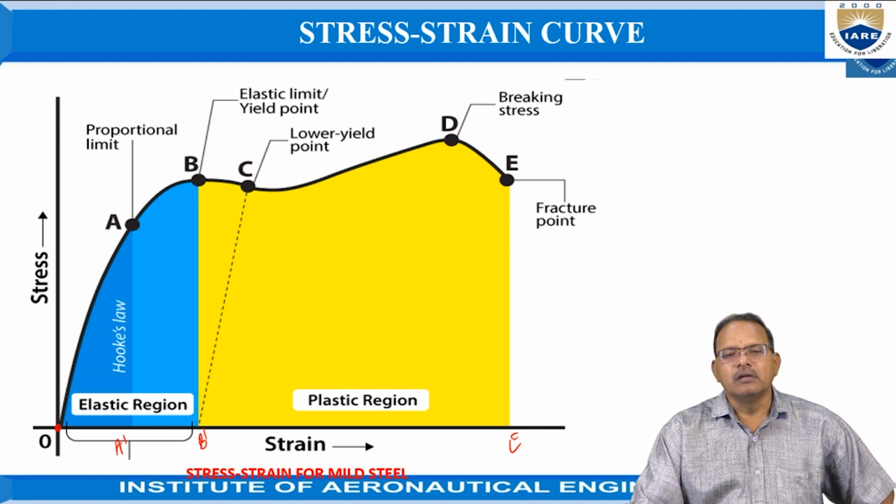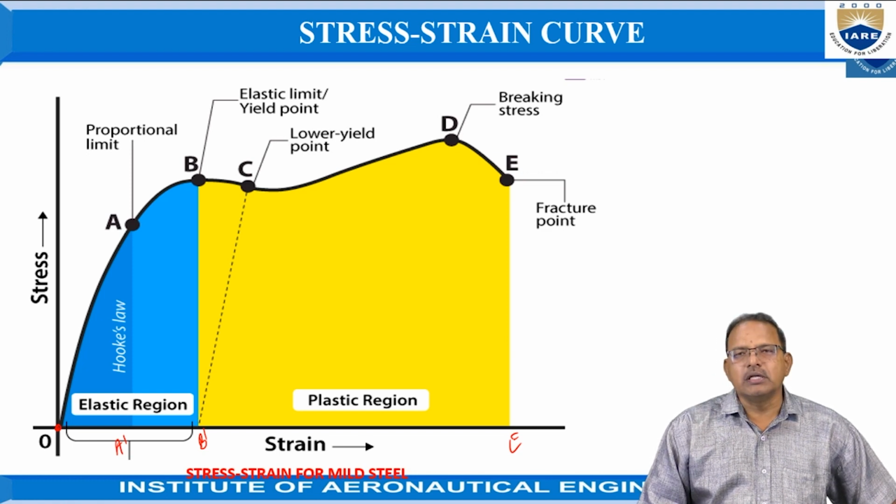Here, even though the forces are removed, it will not regain its shape. So these are the various regions that are divided under the stress strain curve to study the properties of mild steel.